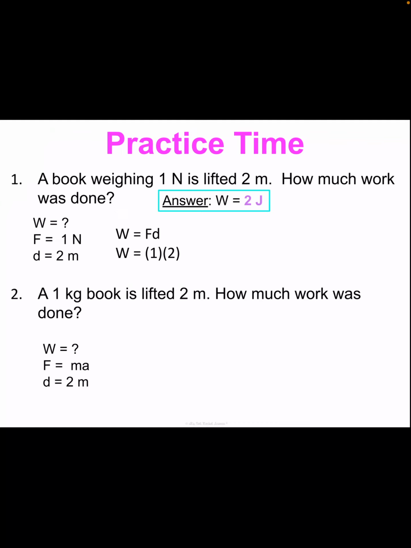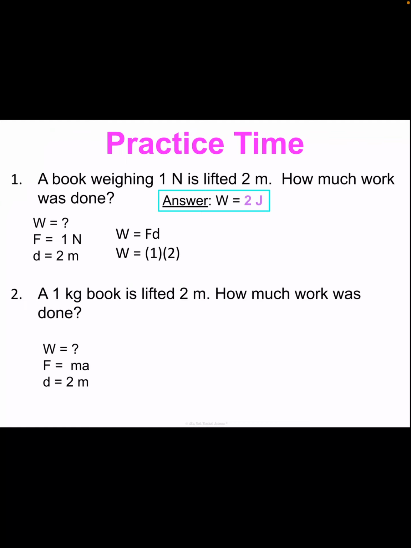And then my distance is known already at 2 meters. So this problem can be done 2 ways. It can be done in 2 parts: first solving for F and then plugging the F into the equation. The second way is the optional way, where you just plug in m and a for your F and then solve it all together. You can write down both ways, or one of the 2, whatever you want.